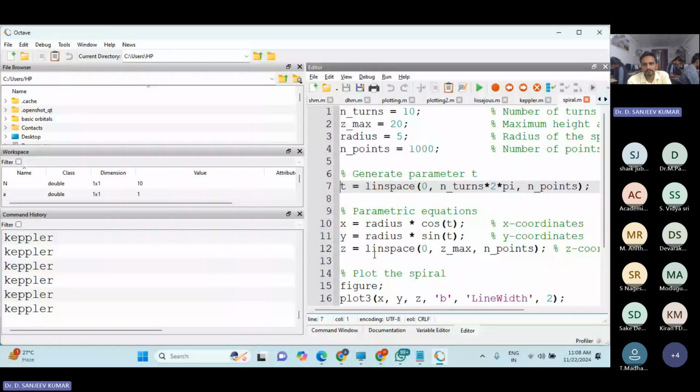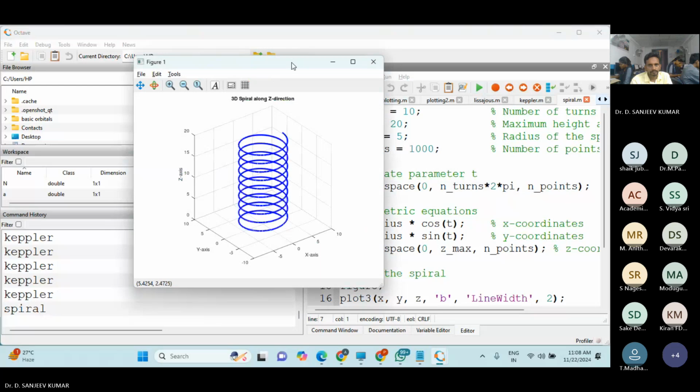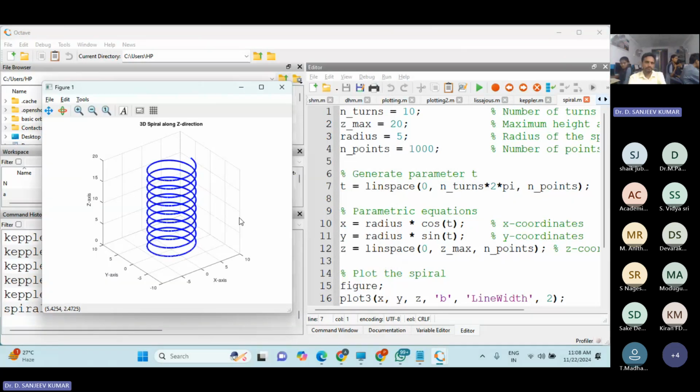Z value 0 to z max, 1000 divisions. So if I run the program, I get a spiral axis.